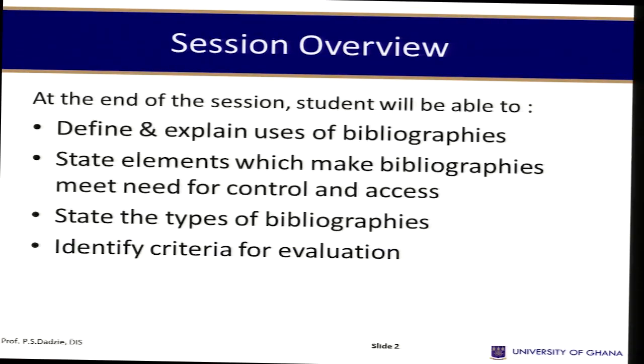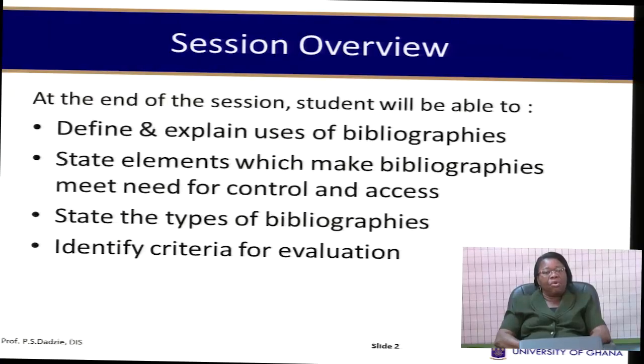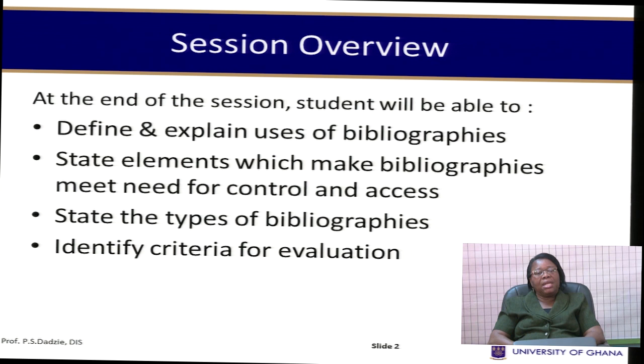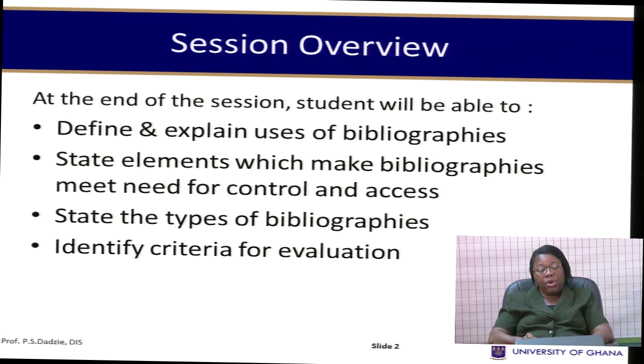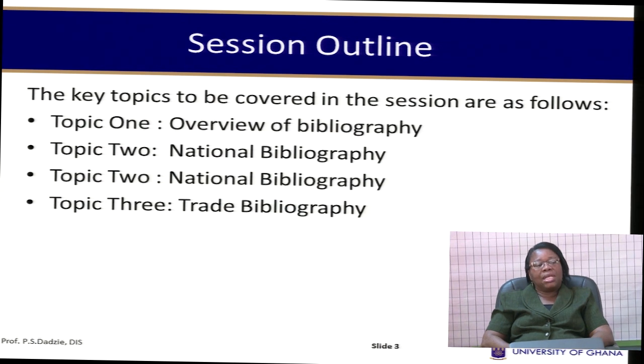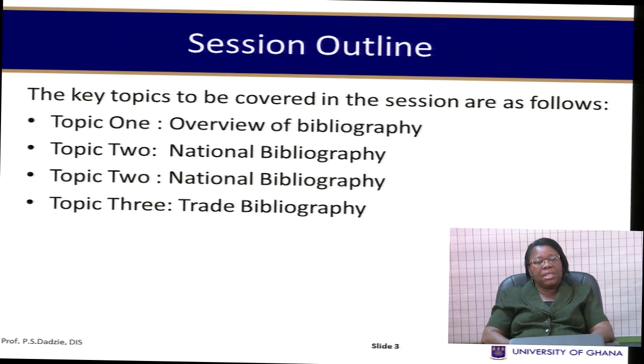At the end of this session, I expect that you'll be able to explain the uses of bibliographies, and state the elements which make bibliographies meet the need for control and access, and then we'll be looking at the different types of bibliographies. In our first topic, we'll have an overview of bibliographies.